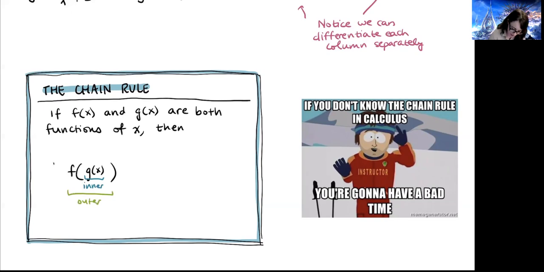If we're going to find the derivative of this thing, here is how we handle it. So we go from the outside in. So we look at the derivative of the outer function. Well, that would be f prime, but we leave the inside function the same. So it's f prime of g of x. So this is the derivative of the outer function, leaving the inside.